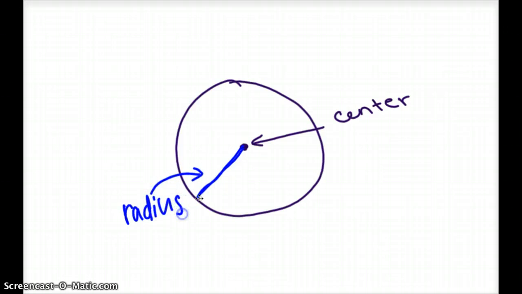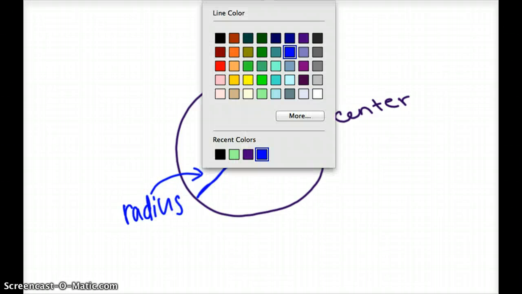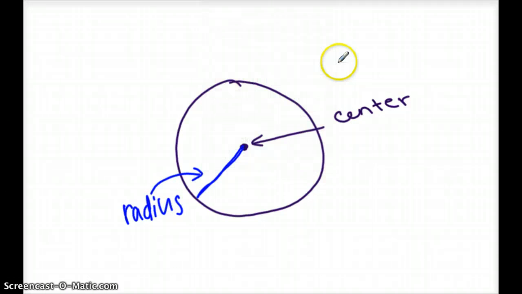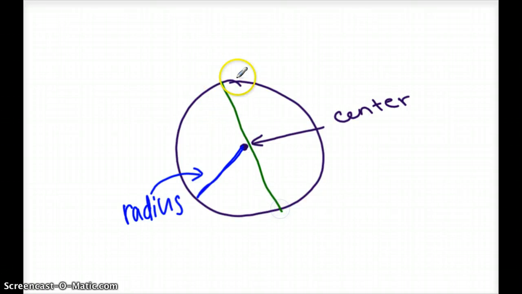The radius is only halfway across. If this line goes all the way across the circle, it should go through that center point here. Then we call that our diameter.